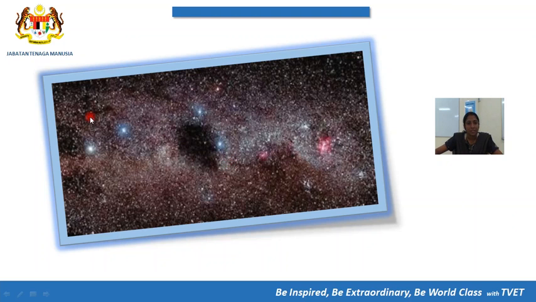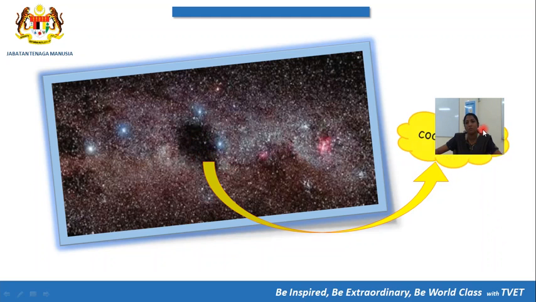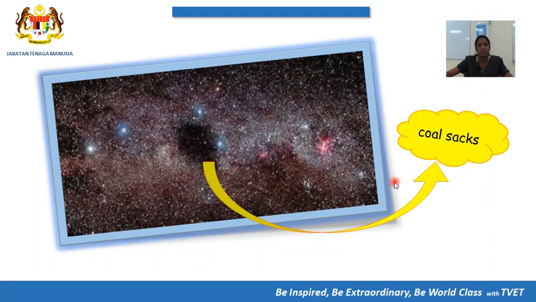Okay, so this is the universe. Earlier I mentioned coal sacks, right? Can you see this? A dusty dark hole. This is known as coal sacks. There are a few actually, small. So this is coal sacks. General knowledge.